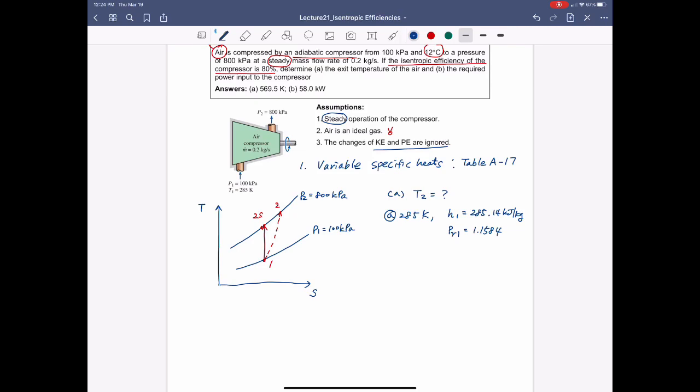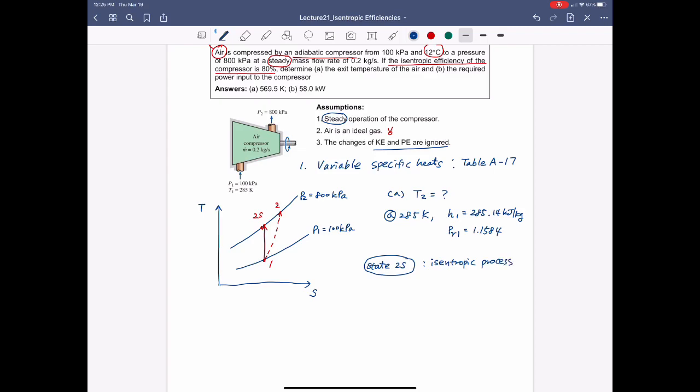And why do we need this reduced pressure? Because if you think about state 2s, the exit point of the ideal compressor, that is the result of an isentropic process.